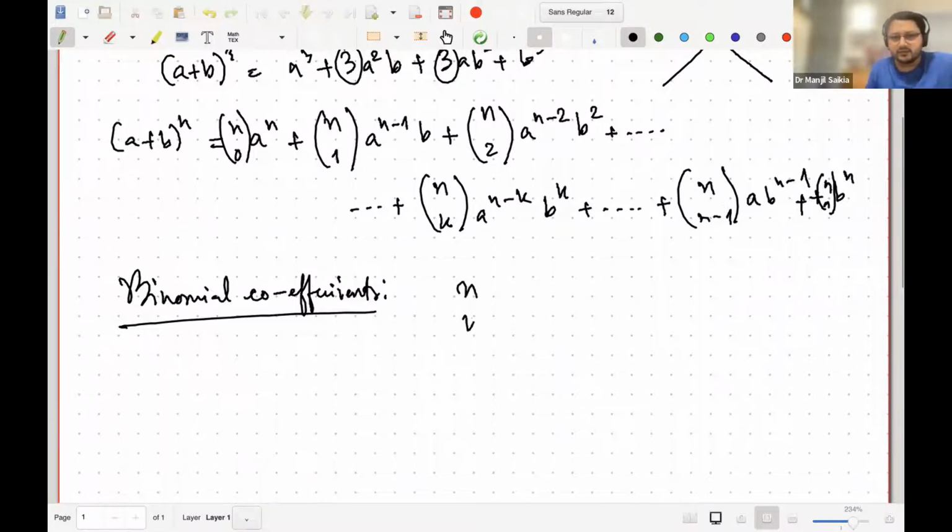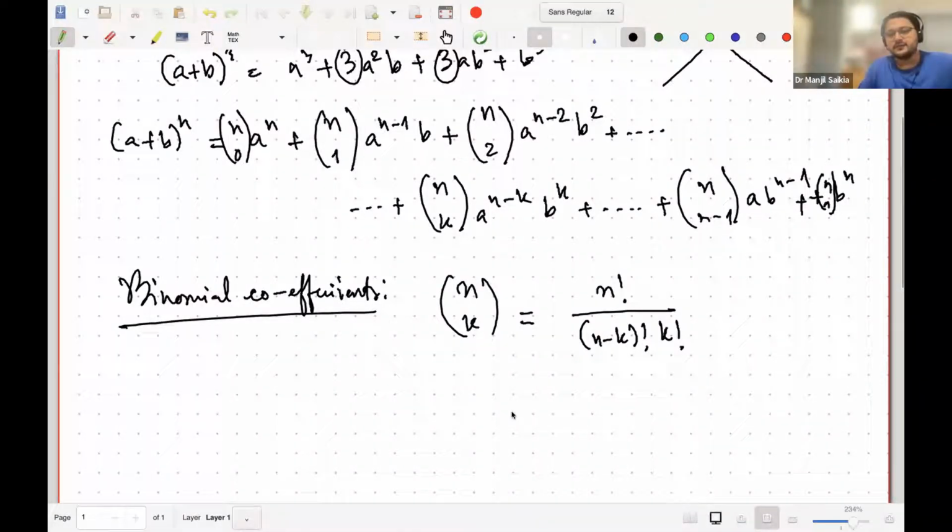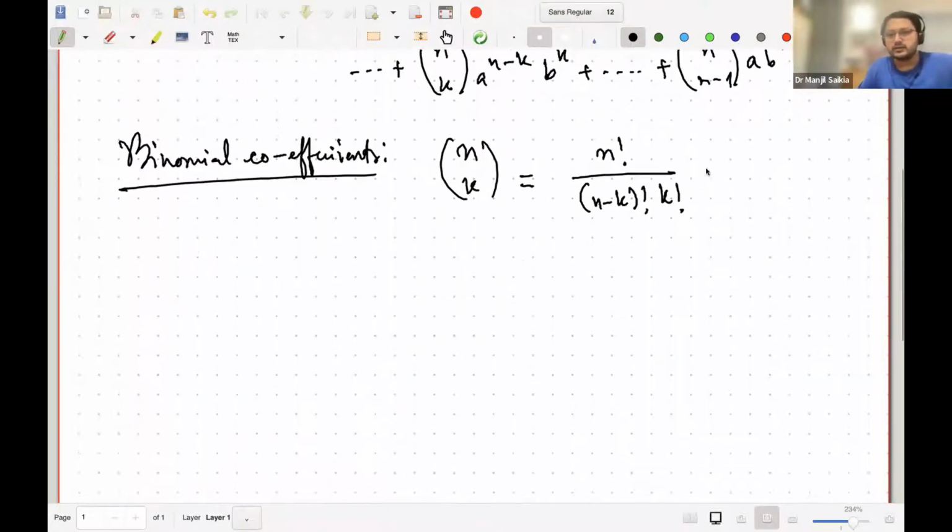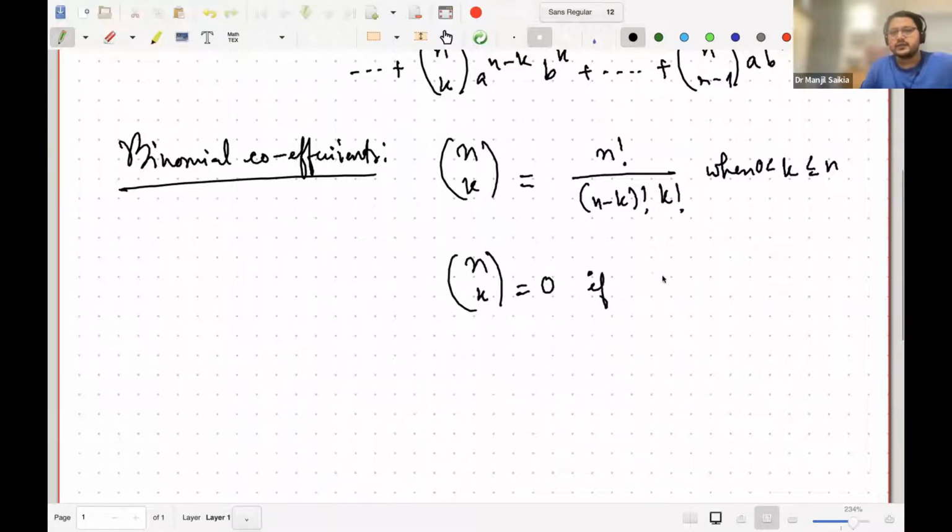Just for the sake of putting the notation clearly, n choose k is equal to n factorial divided by n minus k factorial times k factorial, when k is less than or equal to n and greater than 0. And n choose k is equal to 0 if k is greater than n, or if k is equal to 0.